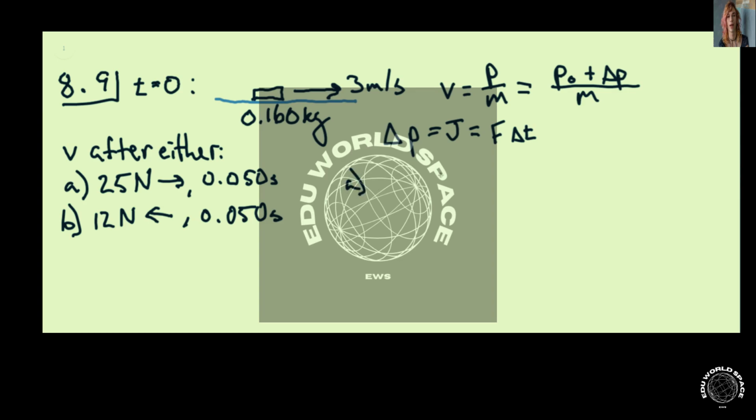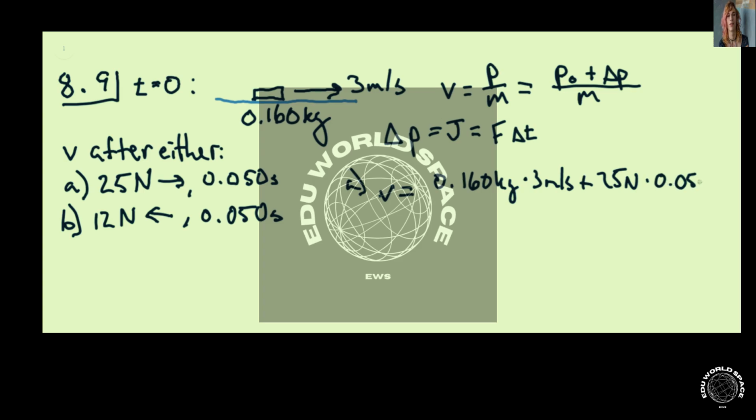for part A, we can say that V is going to be our 0.16 kilograms times our 3 meters per second plus our 25 newtons times our 50 milliseconds, all divided by the mass of the hockey puck.